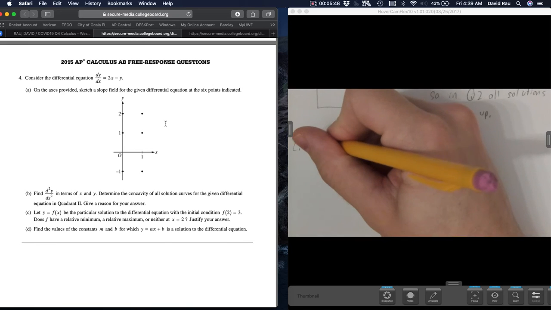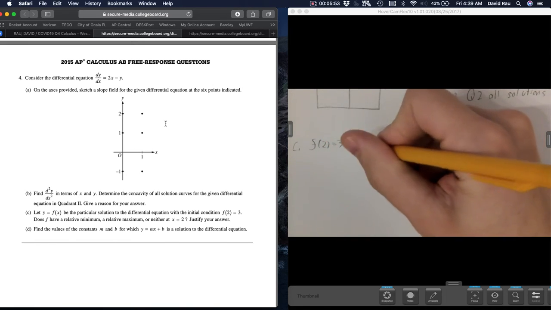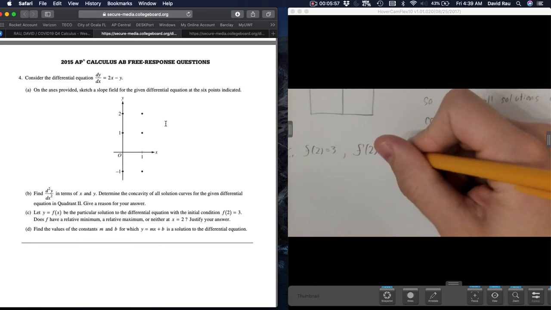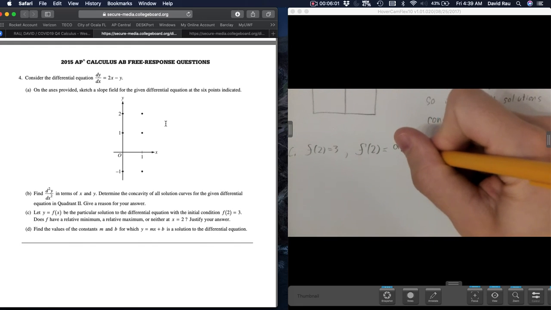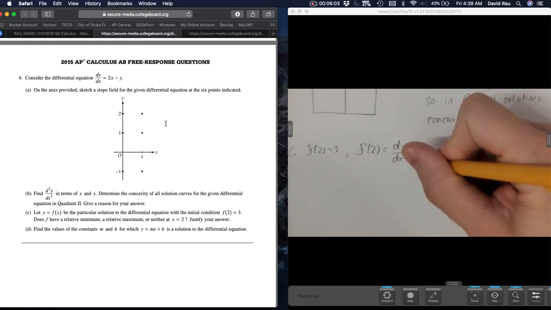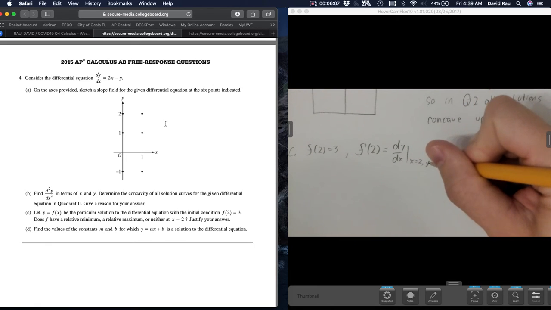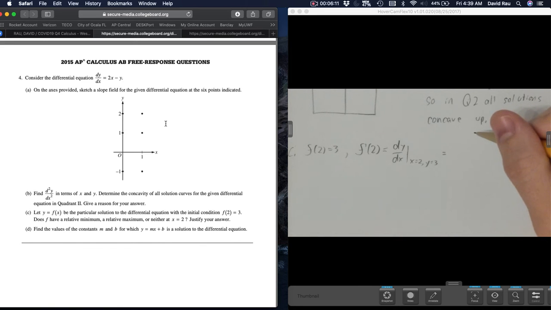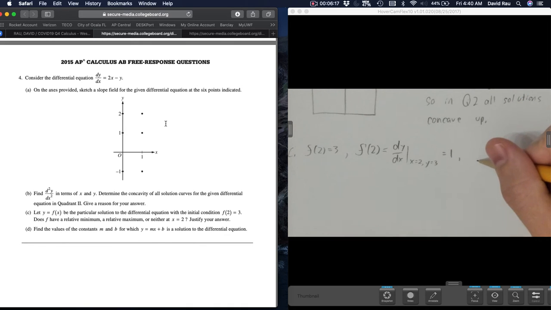So obviously, we know f of 2 is 3. Now we can say f prime of 2 is equal to dy dx, and sometimes I write it like this, for x equals 2, y equals 3, which equals, well, if x is 2 and y is 3, then we have 1.